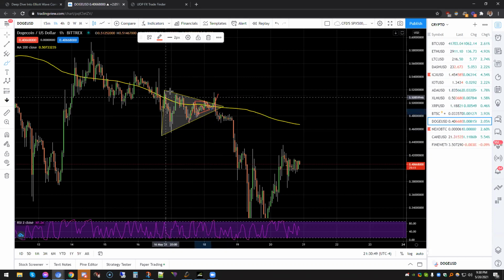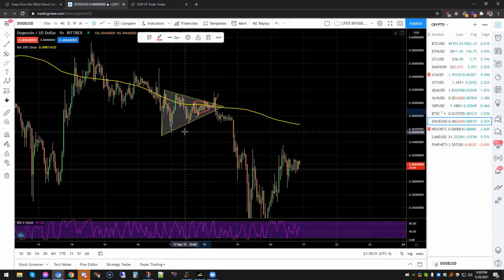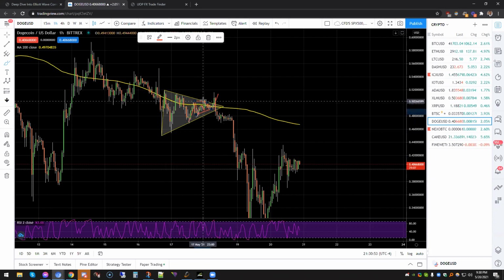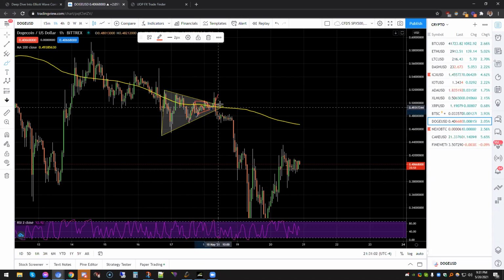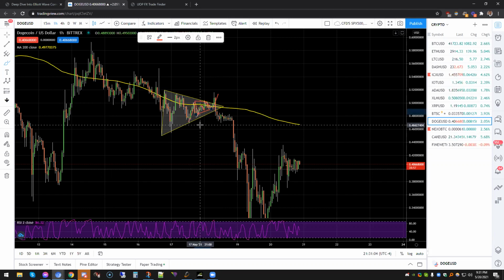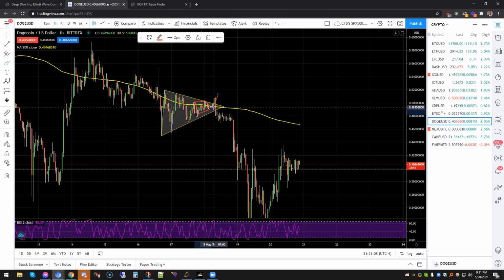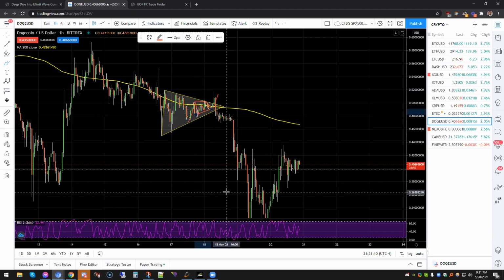Now, once you see the shape of the triangle, in a lot of cases, you're going to start thinking that you're going to get the breakout. You know, once price bounces off the trend line, it's going to start making its way to the downside. But this 3-wave move was not complete. And that is one of the reasons why we had this push to the upside first, then price moved down.